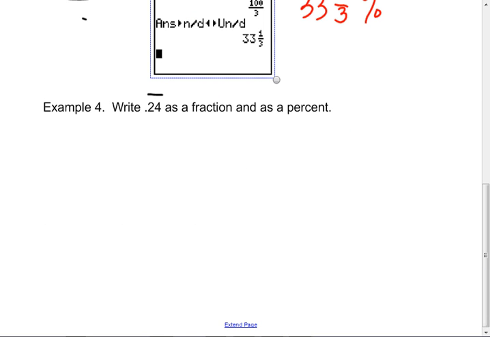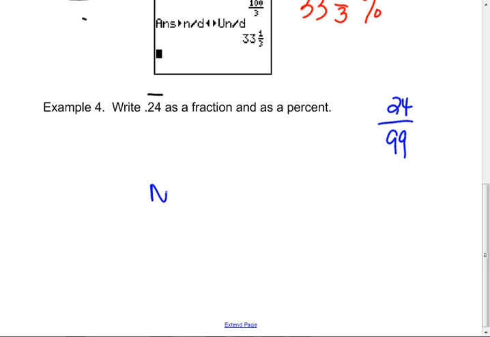Okay, so we can play with the calculators during class and figure out how to use them. Let's do this one. I want to write that as a fraction first. Some of you know it's going to be 24 over 99. That is correct. Why?